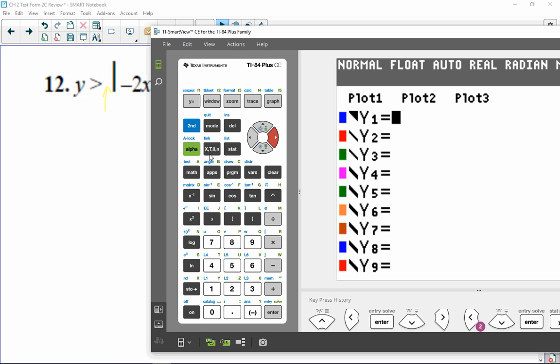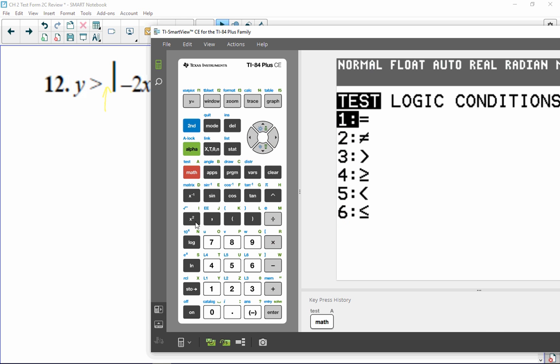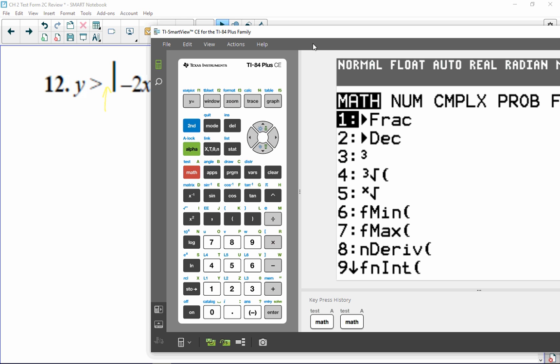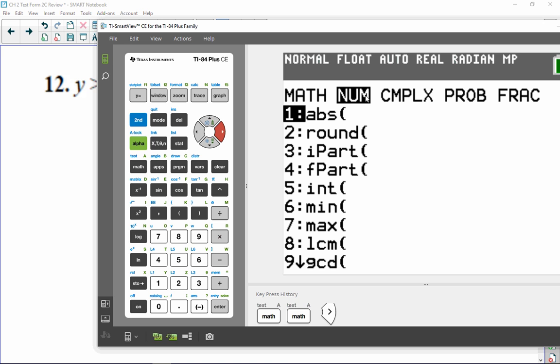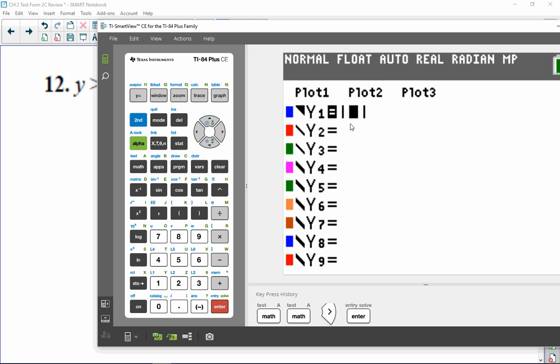Okay, now, here's the button. You guys ready? Everybody watching? You want to hit the math button. Then you want to go to the right where its number is highlighted. What's the first thing on the list? ABS, parentheses. Hit it. On the newer ones, it'll show you the absolute value.